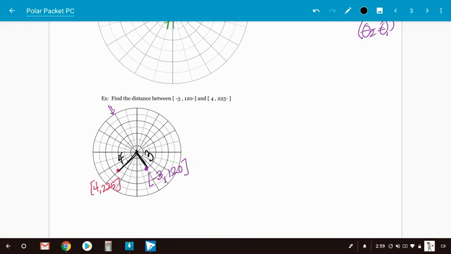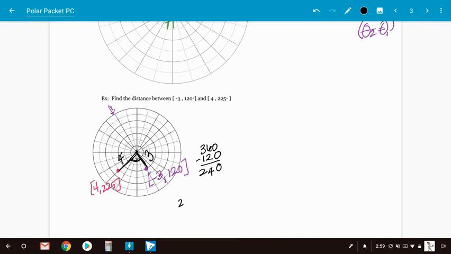And the difference in my angles is how much? We would do, if I think this is 360 minus 120, 240 is this angle.